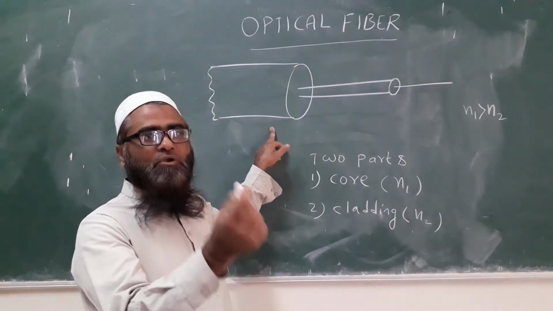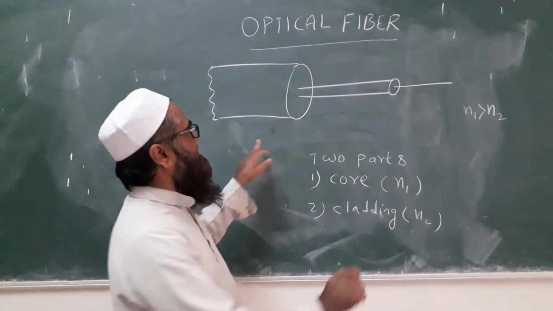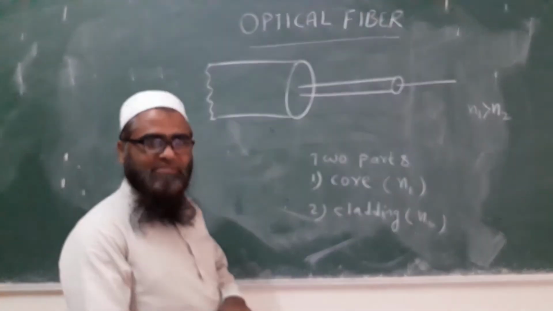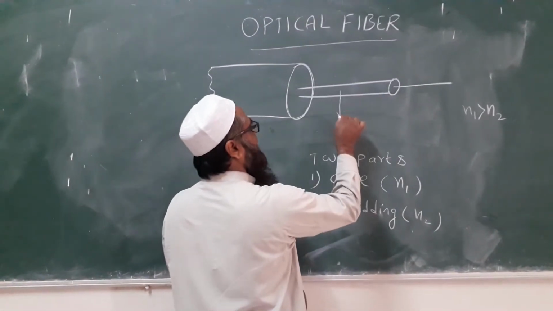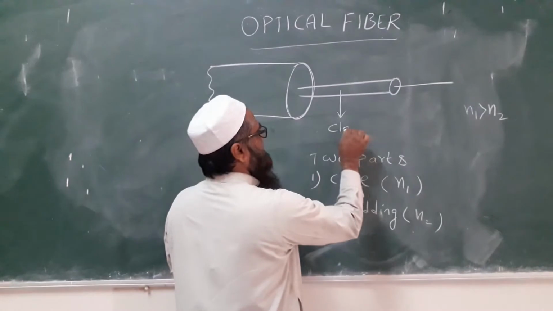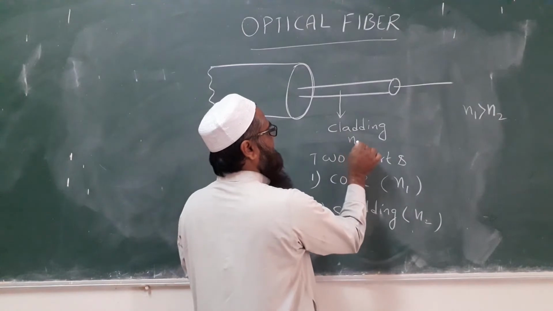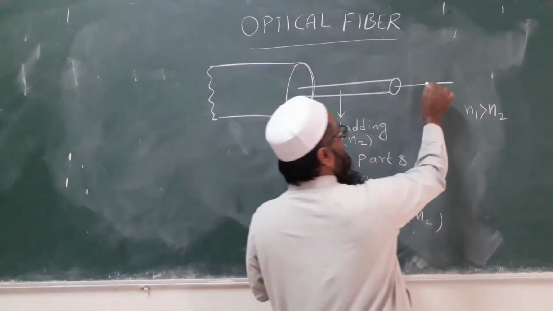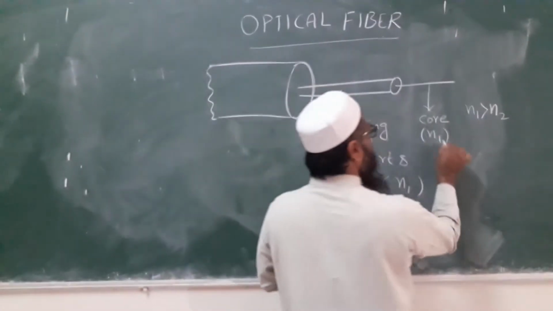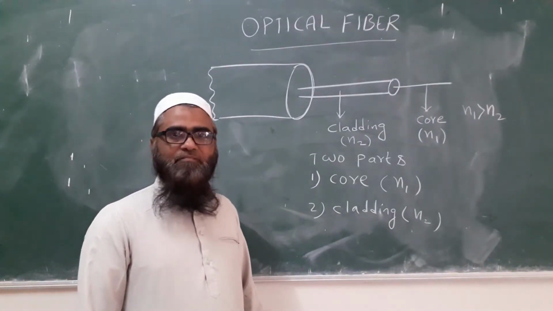Let us study the inner structure of the optical fiber. This optical fiber cable has many optical fibers. One fiber, in the enlarged view, consists of this cladding, its refractive index n2, and this core, its refractive index n1. So this is the construction of an optical fiber.